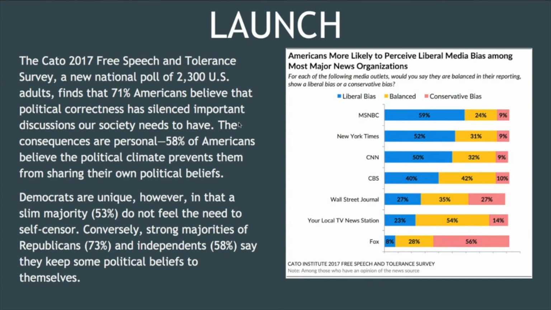So anyway, love to talk about this stuff. That's not what the lesson's about. It is about sampling methods and design. Do you see something wrong with the way they did this study? Note the note down at the bottom. They actually give a disclaimer: among those who have an opinion of the news source. They're only asking people that have an opinion of these specific media companies.